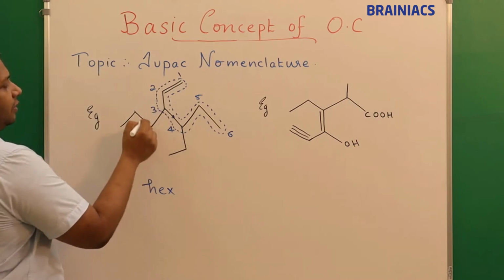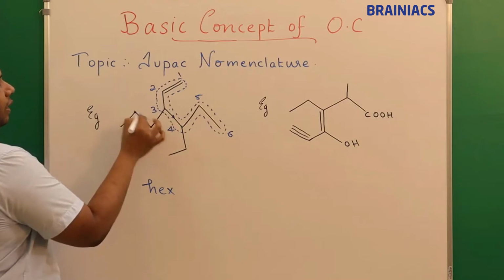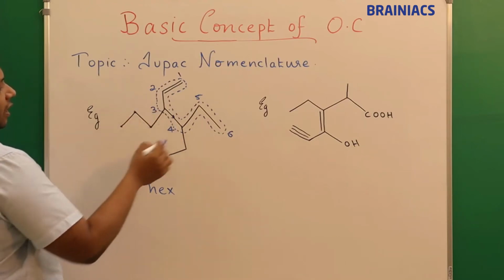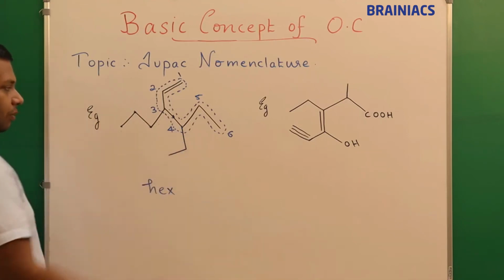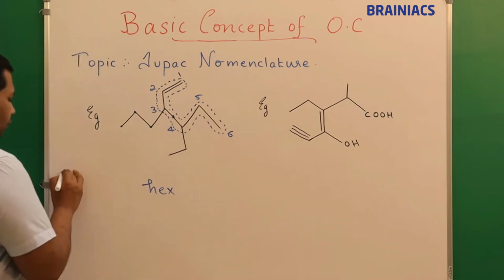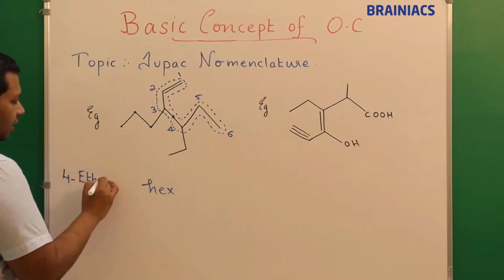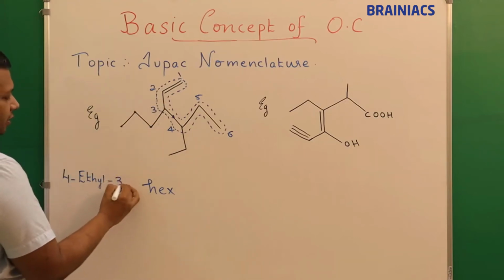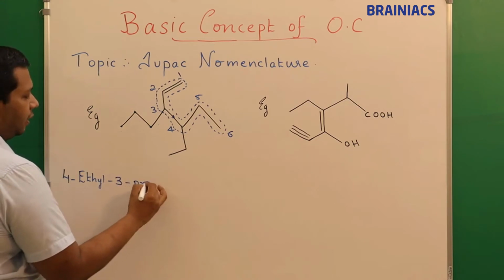At the third position you can see 1, 2, 3, there is a propyl group, 3 carbon atoms. So at the third position propyl is there, and at the fourth position you can see 1, 2, an ethyl group. So who comes first in alphabetical order? It is ethyl. So I can start with 4-Ethyl, then hyphen, third position propyl, hyphen propyl.